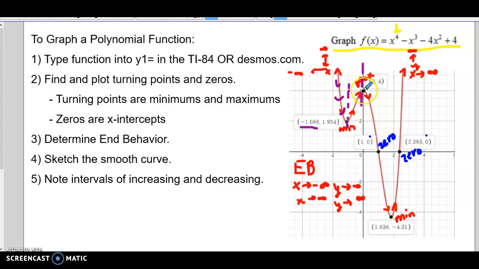And then at 0, I start going back down until I get to just in front of 2, at negative 1.8. I'm decreasing. And at negative 1.8, I start increasing again forever. So I increase the rest of the interval. It's kind of like riding a roller coaster.